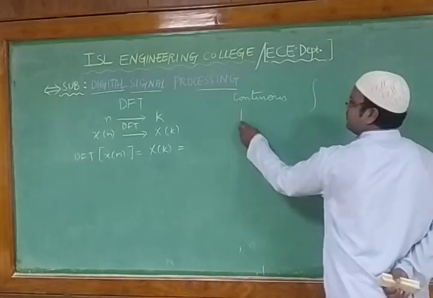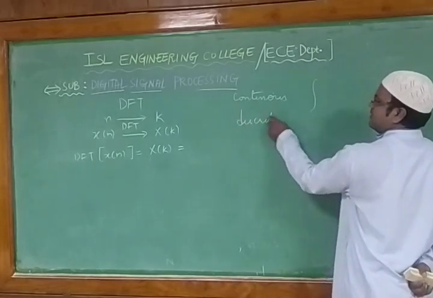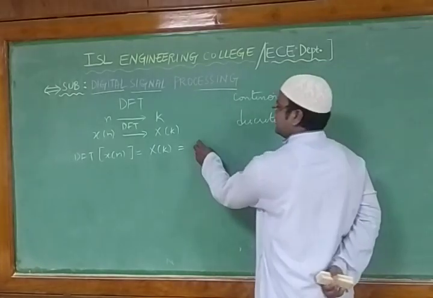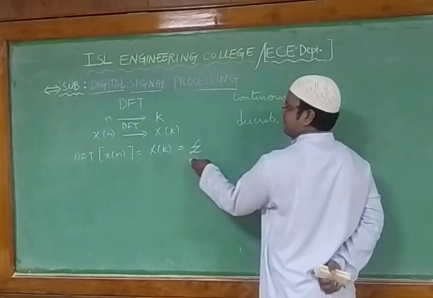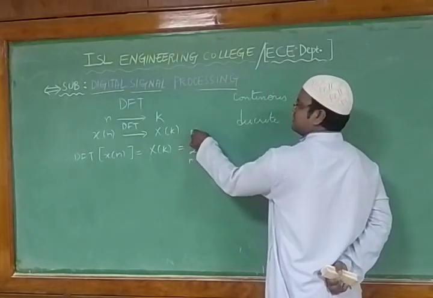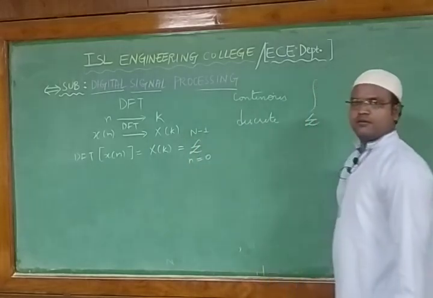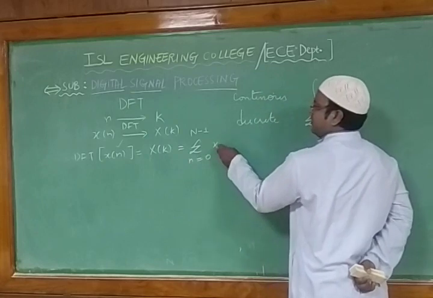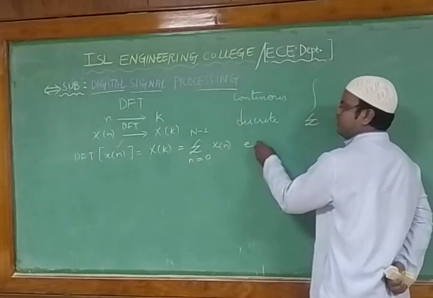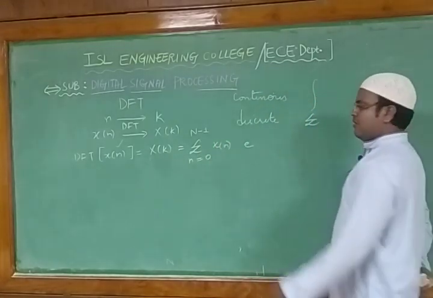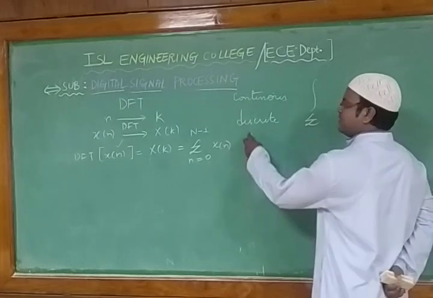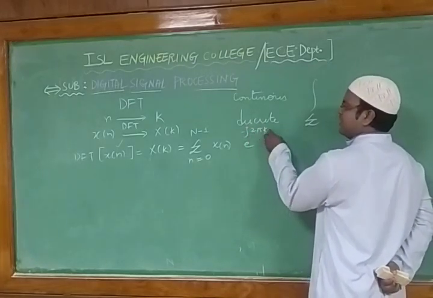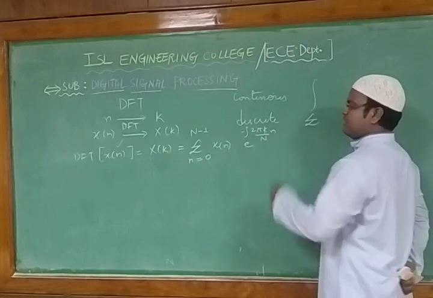Since we are dealing with discrete, we take summation, with the value n starting from 0 to maximum samples N minus 1. The input function we take is x of n, multiplied by the exponential factor, e to the power minus j 2 pi k n by N.